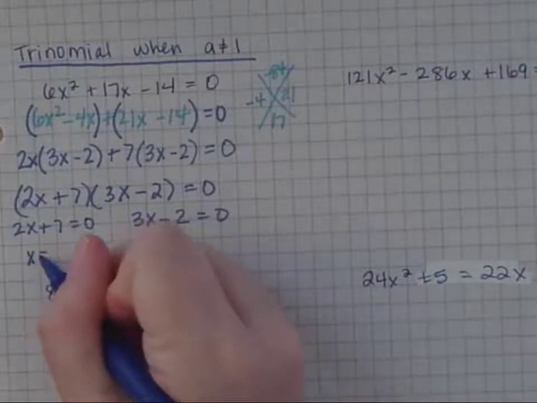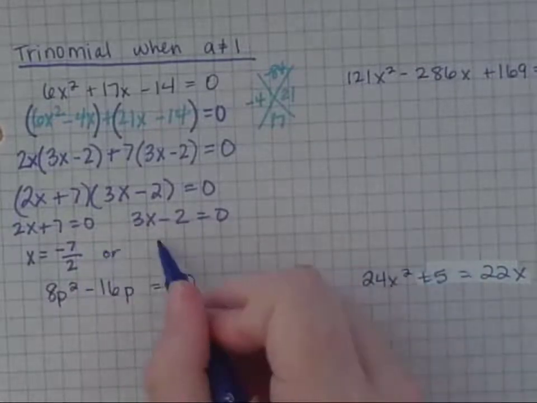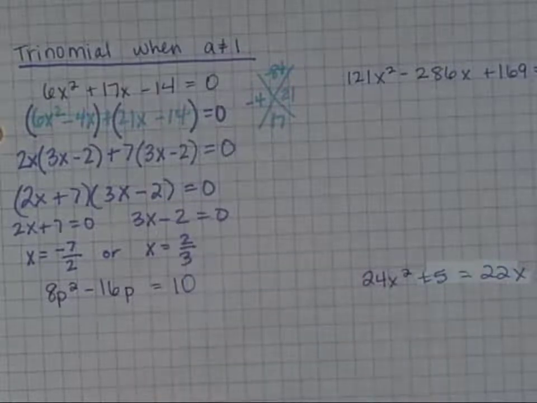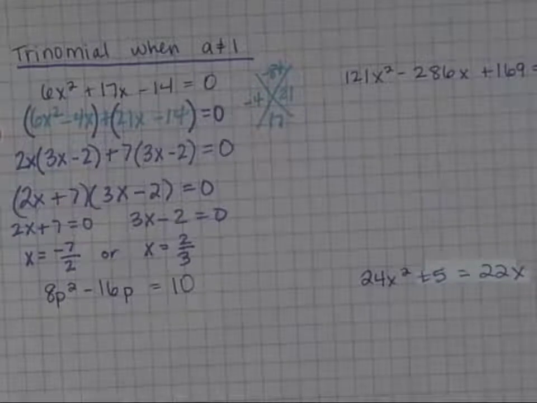So x in this case would equal negative 7/2, or x in this case would equal, add 2, divide by 3, 2/3. Now, I might be going a little fast, but remember that's because we've already taken these notes. This is just a review.